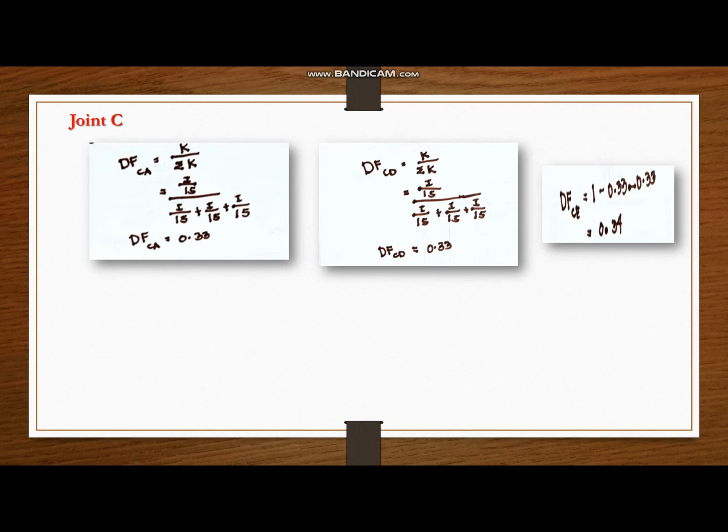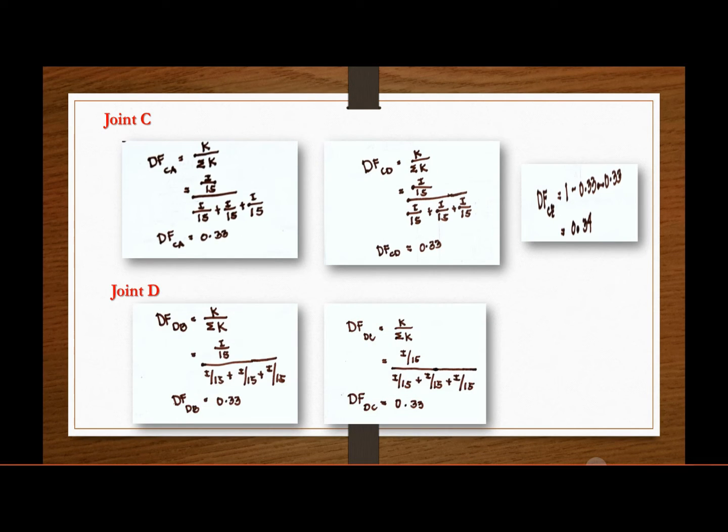We subtract the distribution factors of CD and CA from 1, so our CE is equal to 0.34. Our joint D also has three members, the same as joint C. The members are DB, DC, and DF. Same formula: stiffness divided by summation of stiffness.